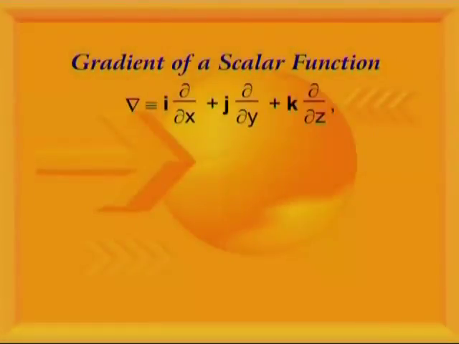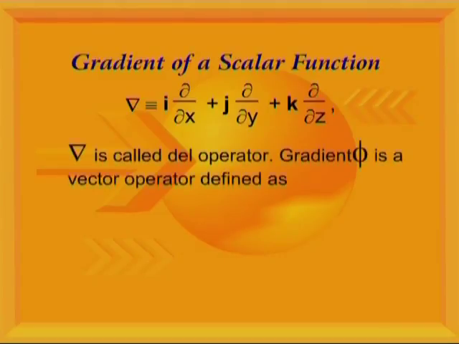Del is i partial derivative with respect to x plus j partial derivative with respect to y plus k partial derivative with respect to z. This will be an operator. If we apply it on a certain function, say phi, so del phi means we are operating the operator del on phi.